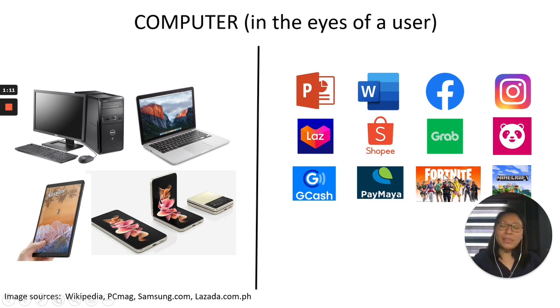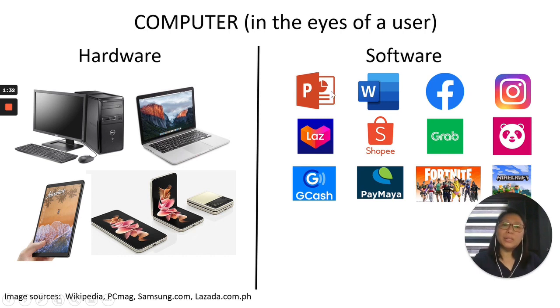Yeah, there are a lot of things, especially nowadays, that we do with our computer. And this computer is the hardware. These are the tangible, the things that we hold, we actually see, and these are the software.